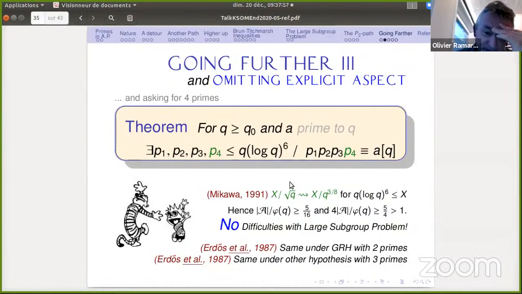With at most 3 primes, I don't know. I know with 4 we're able to do it. With at most 3, I'm not sure. My guess is that we don't know how to do it, but I'm not sure.